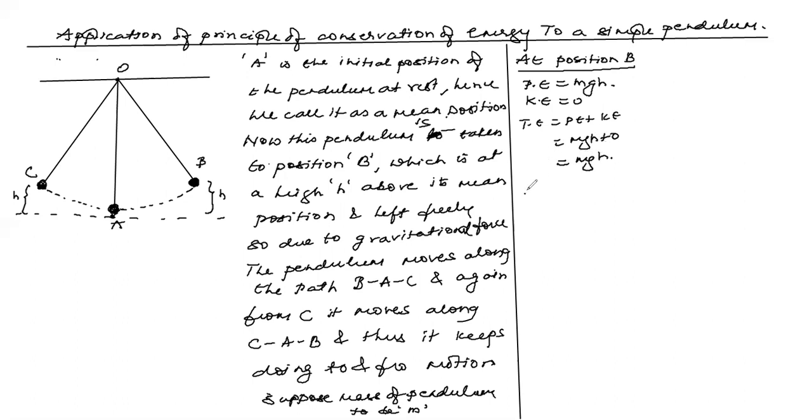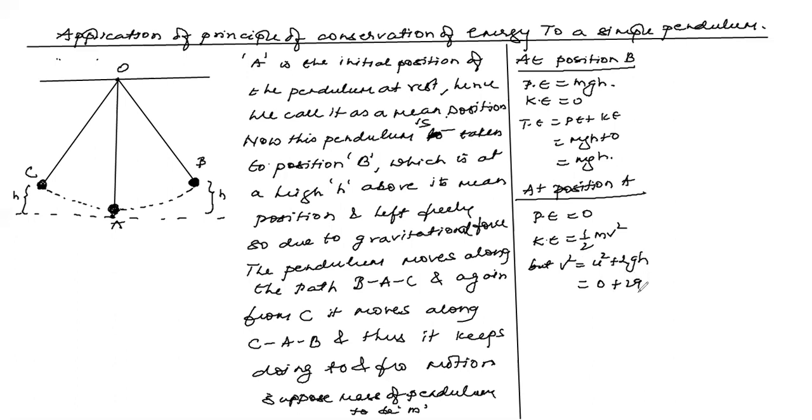Now at position A, h is 0, so potential energy will become 0. And what is kinetic energy? Kinetic energy will be equal to half mv square. But v square equals u square plus 2gh, equal to 0 plus 2gh.